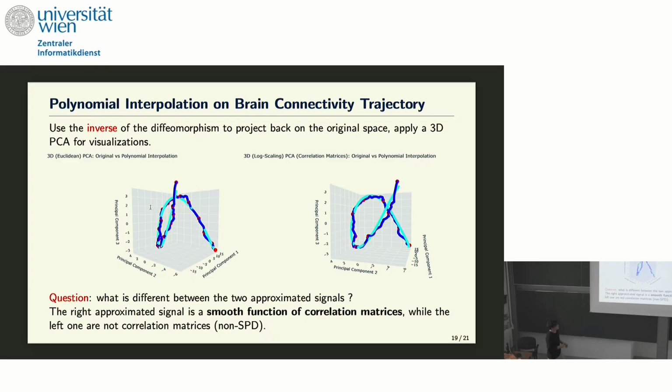While if you do it in the space I showed you before, it remains SPD. And you have a signal where each of the points of your polynomial that approximates your original signal is now interpretable as a matrix that represents the functional connectivity of some brain. So this is a time series of correlation matrices, and this is not, even though the signals really look alike.